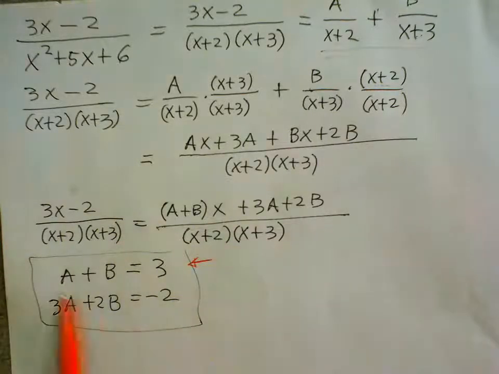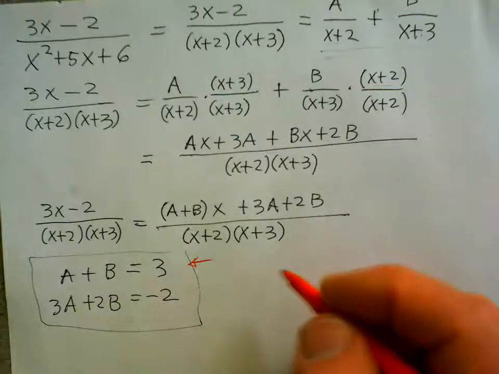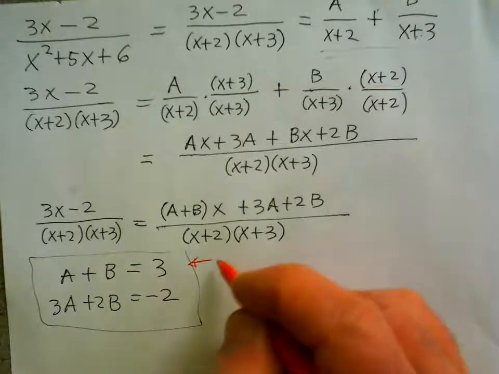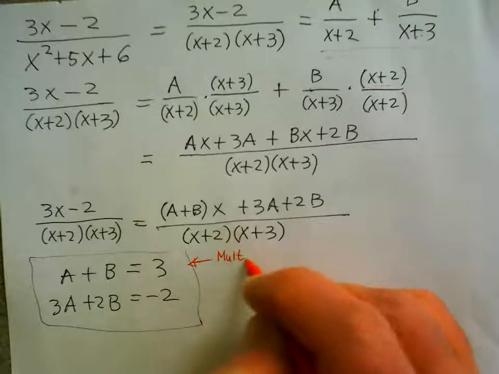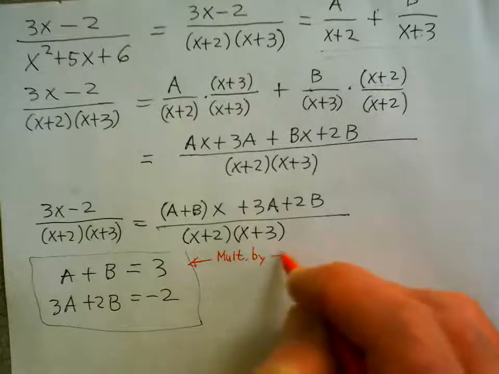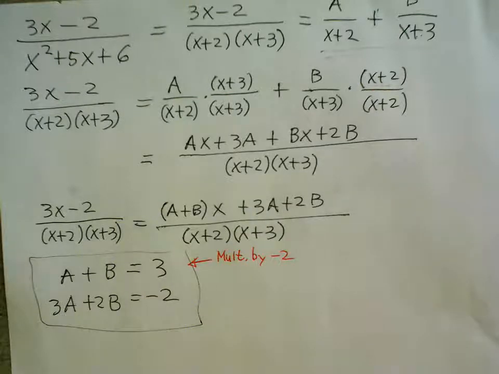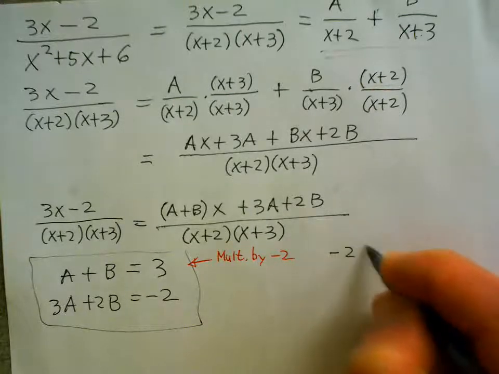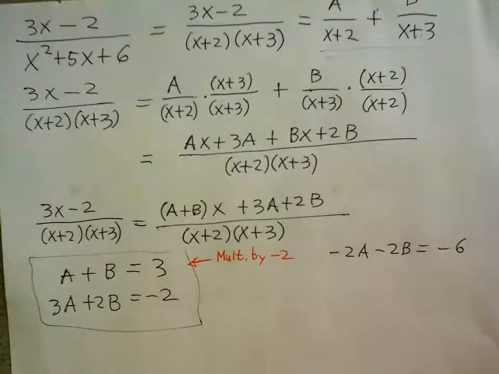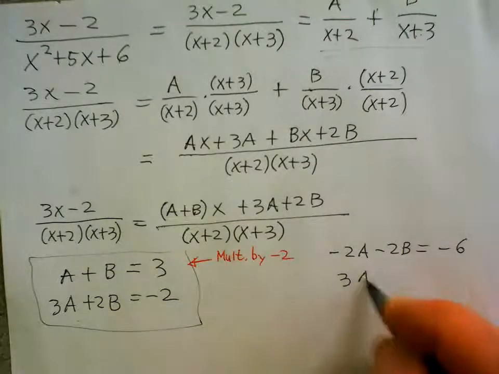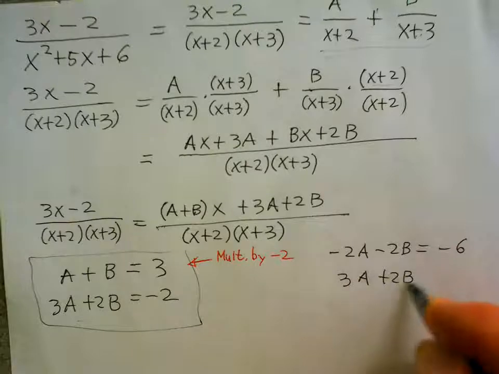I'm going to multiply both sides of the top equation by -2. So I'll get -2a minus 2b equals -6. And I'll leave the bottom equation the same. 3a plus 2b equals -2.